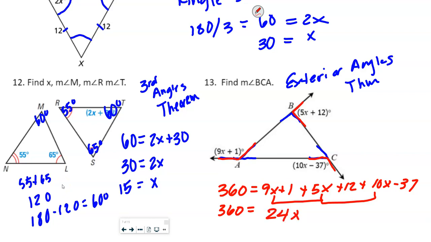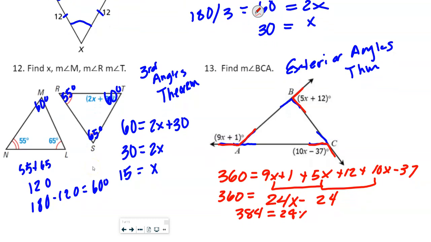And then 37 from 13 is also 24, but that's minus 24. So we're going to add 24 to both sides, so that's going to give us 384 equals 24x. We're going to divide both sides by 24. So x is going to be equal to 16.